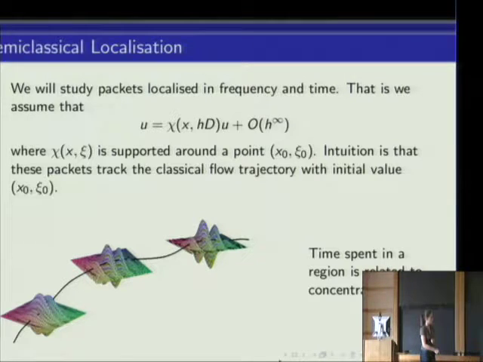So we'd start with a point x naught here, give it a kick xi naught, to get a trajectory in the classical sense, and then we'd start with a localized packet, and we expect that that will track along the trajectory for some time scale, for a short time scale. In fact, you can reasonably do this up to sort of log time scale, pushing the boundaries of it, but for this problem, just small time.